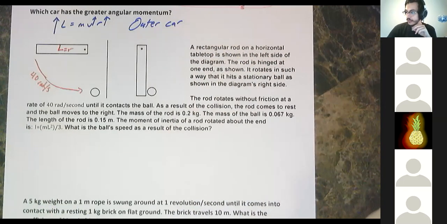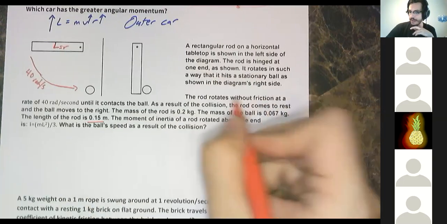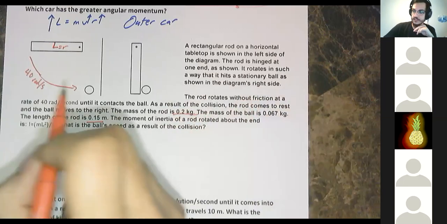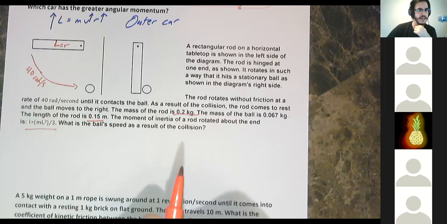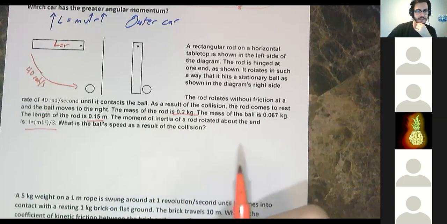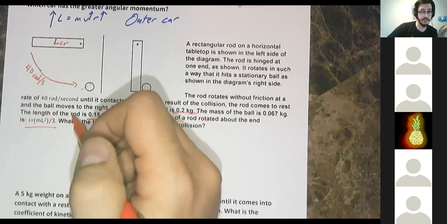And the length of the rod is given to us as 15 centimeters. The mass of the rod is given as 0.52. And they even were kind enough to include the moment of inertia formula so that we don't have to derive it or find it or whatever. But this thing is spinning, so it picks up angular momentum.